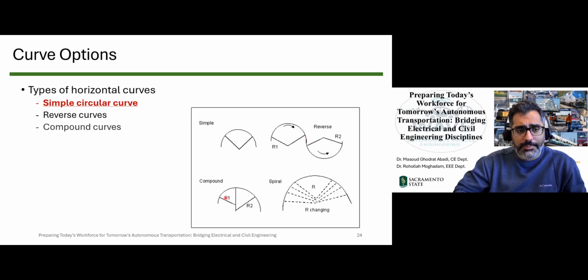We also have compound curves that are comprised of two simple circular curves, and we have spirals where R is changing. This is most close to natural driving.